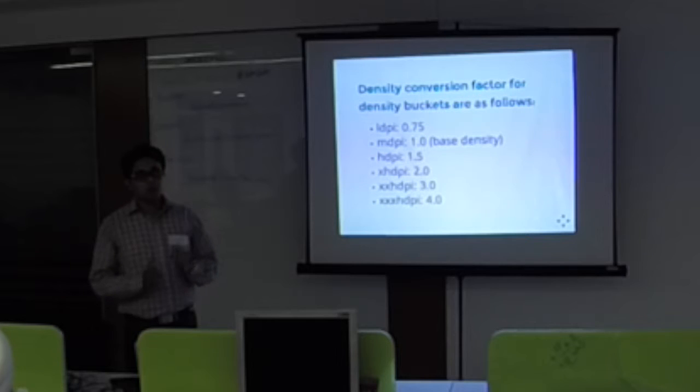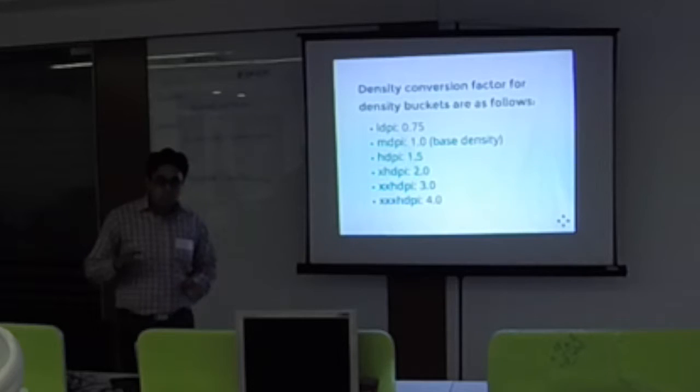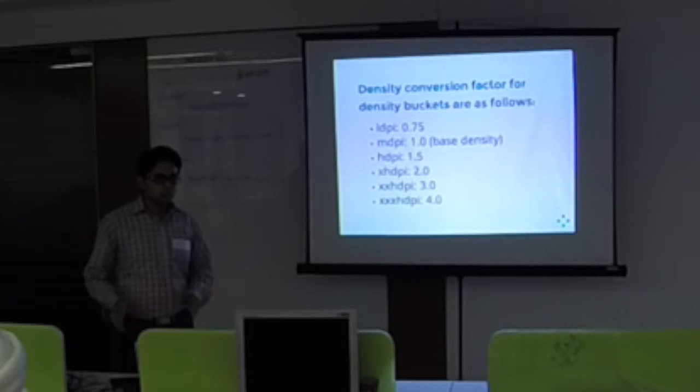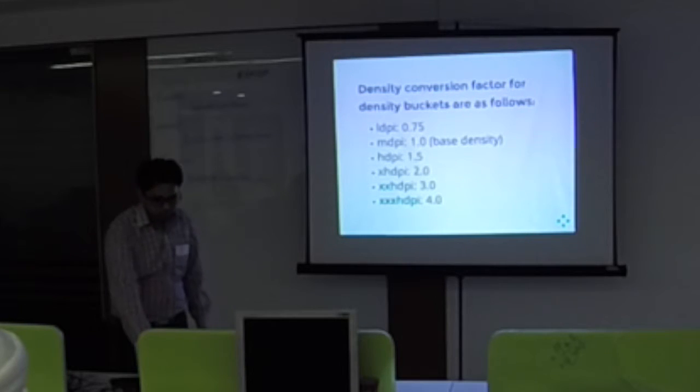So for accommodating our designs on those devices, we don't need to put that much information on that screen. We just need to provide high density assets to accommodate that density. So this is the point of categorizing the devices into these density buckets.